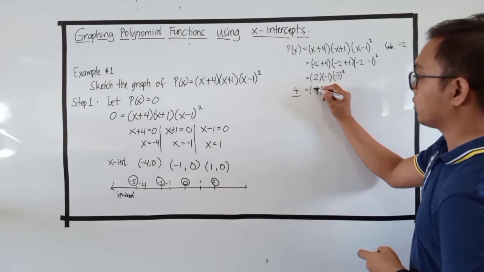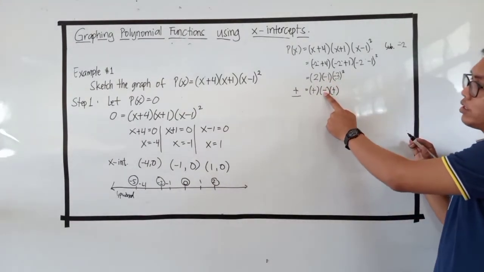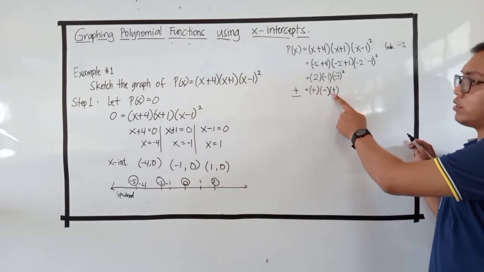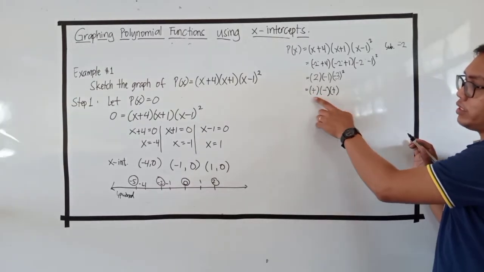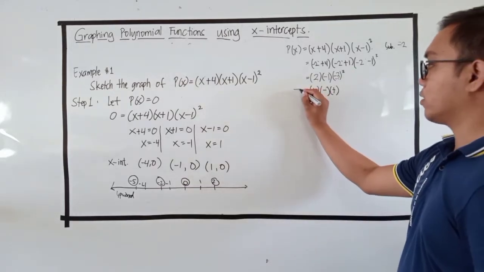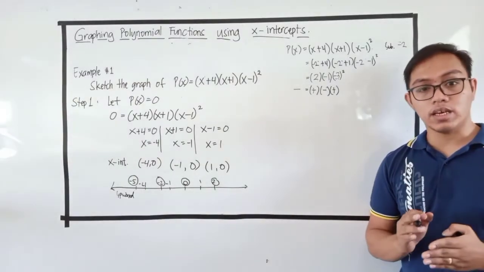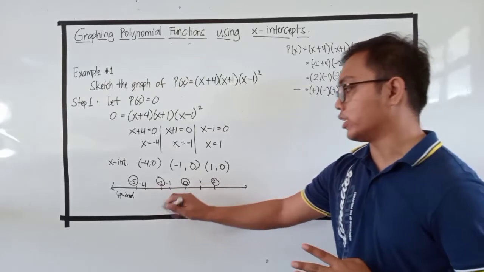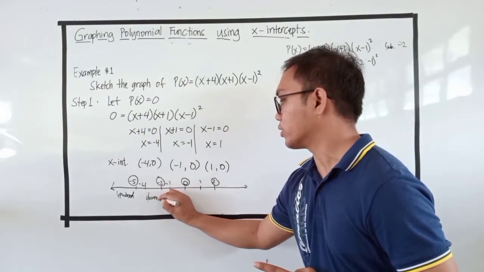The sign of 2 is positive. The sign of -1 is negative. Here, -3 squared is positive. So if we multiply these three signs, positive times negative times positive, it will give us a negative sign. What does it indicate? The trend of the graph in between -4 and -1 is downward.